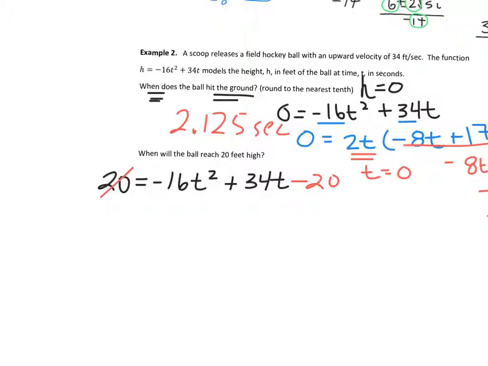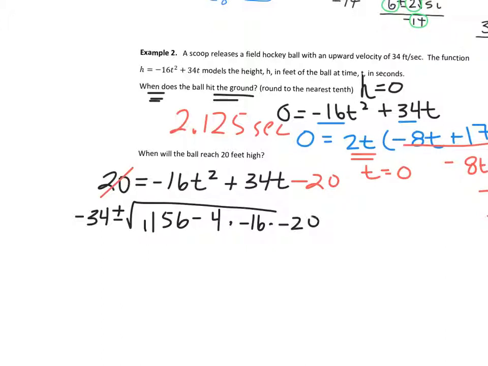So it's going to be negative b, so negative 34 plus or minus the square root of b squared. So 34 squared is 1156, minus 4 times a times c, all over 2a.